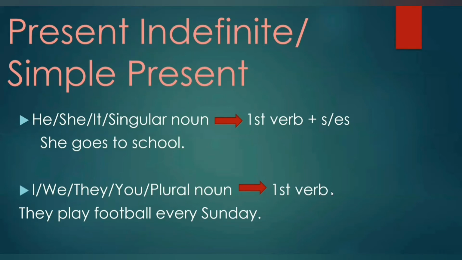We do not add an s or es. For example, they play football every Sunday. Play is first verb and we have not added any s or es with it. Or we play football every Sunday. Or you play football every Sunday. Or I play football every Sunday.